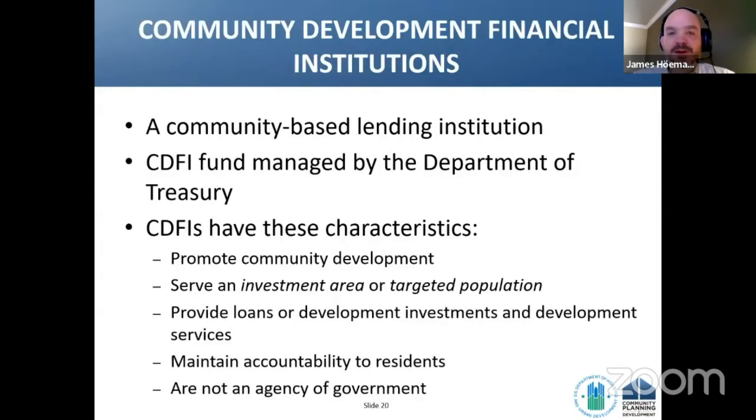So, community development financial institutions, or CDFIs. These are based within a particular community. They are managed by the Treasury, and CDFIs have a great deal of flexibility in terms of what they can be used for within your community. In other words, they can make loans in LMI areas that some institutions would not be able to take care of.